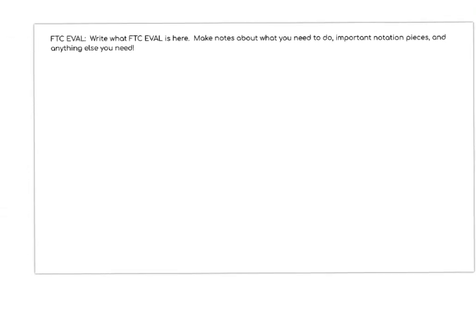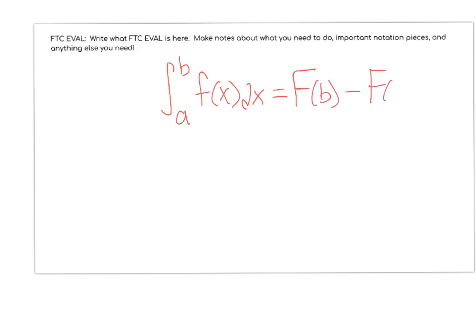All right. So this weird thing that we're hovering around connects integrals, the areas under curves, and derivatives, which is really weird, and gives us this idea that these things are connected. So again, I'm going to write the general form of this: the integral from a to b of some function f of x dx is equal to what we're going to call the antiderivative of f evaluated at b and a and subtracted.